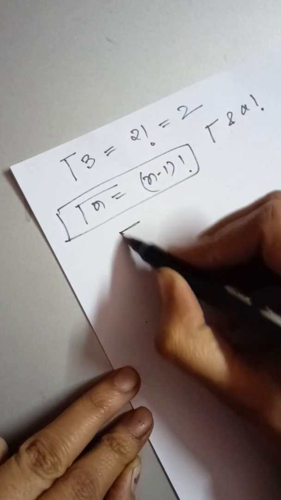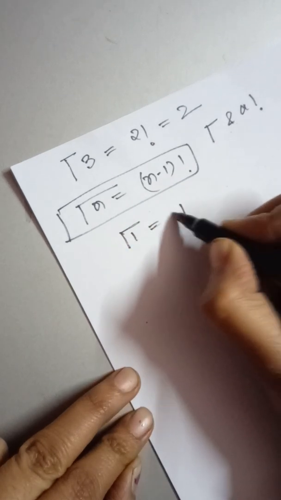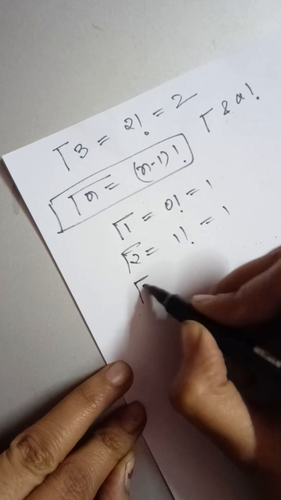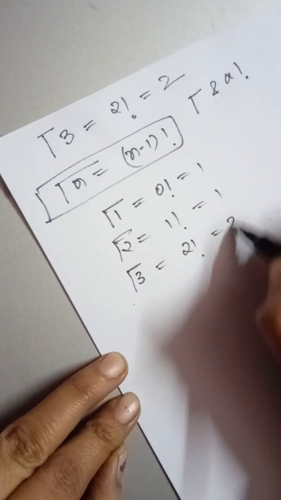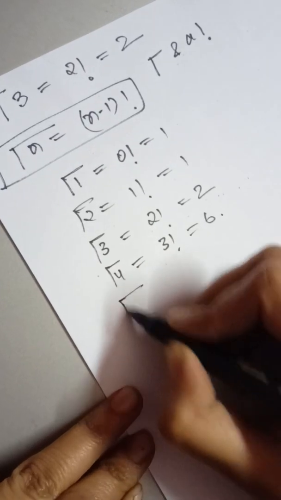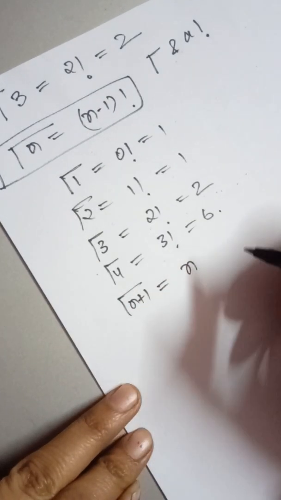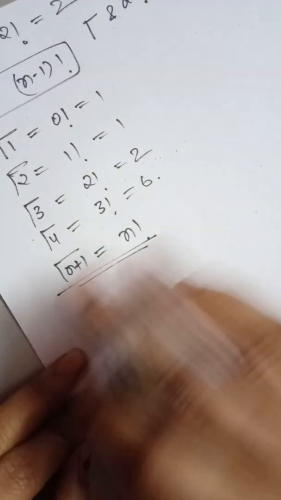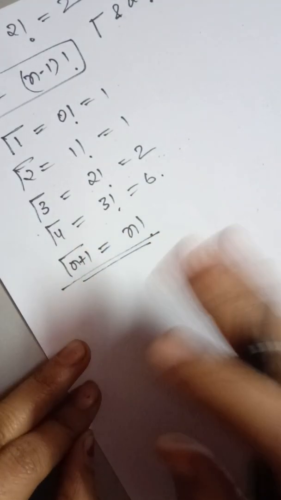So gamma 1 would be 0 factorial, that is 1. Gamma 2 will be 1 factorial, that is 1. Gamma 3 would be 2 factorial, that is 2. Gamma 4 would be 3 factorial, that is 6. So you know gamma n plus 1 is nothing but n factorial. You need to remember this, and you can solve all the questions related to the gamma function.